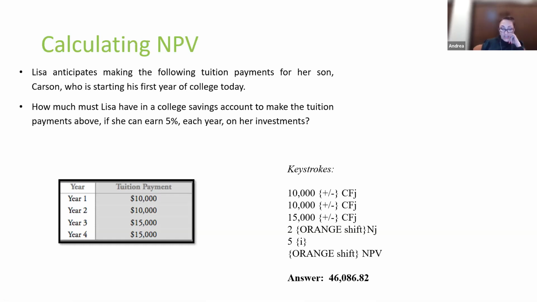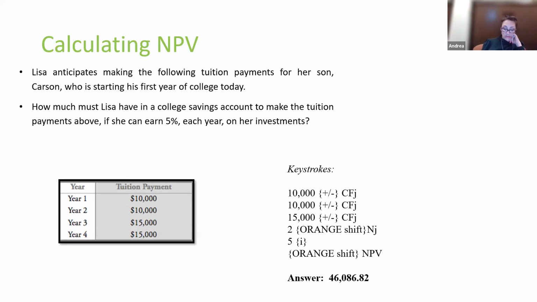I'm going to hit CFJ and then 10,000 CFJ. Oh, I'm sorry, I'm supposed to do these negative. Let me go back. So 10,000 negative CFJ, 10,000 negative CFJ, 15,000 negative CFJ.